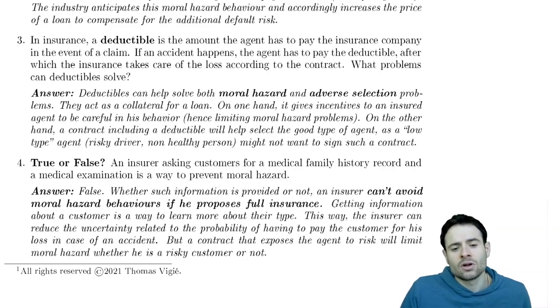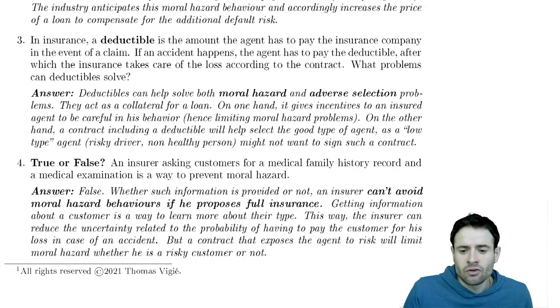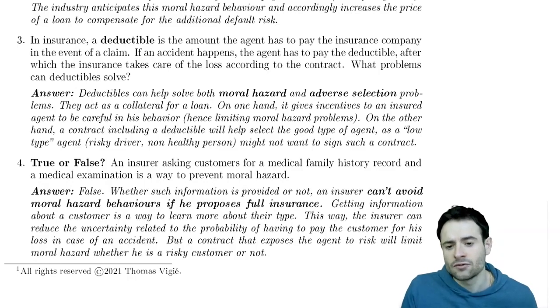Now it's all about the contract. The insurer asking for information is a way for him to design the insurance contract according to the profile of the customer. So whether such information is provided or not, an insurer cannot avoid moral hazard behaviors if he proposes full insurance.